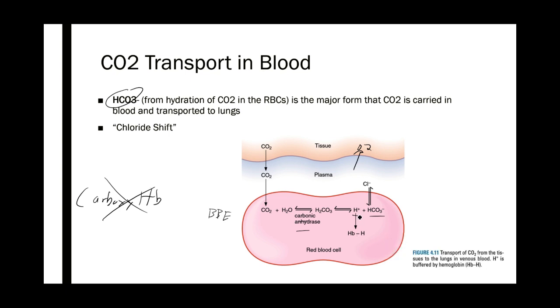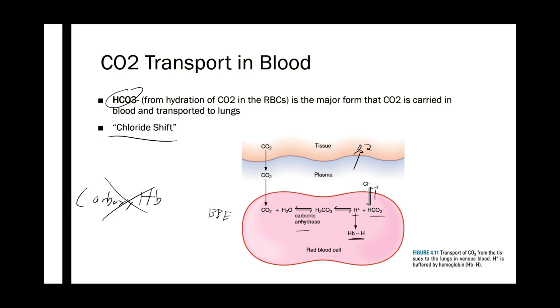You don't want hydrogen ions building up because that's acidic, right? So the cell uses hemoglobin to buffer it. Then at this point, the HCO3 does an exchange with chloride. That's what's known as the chloride shift.